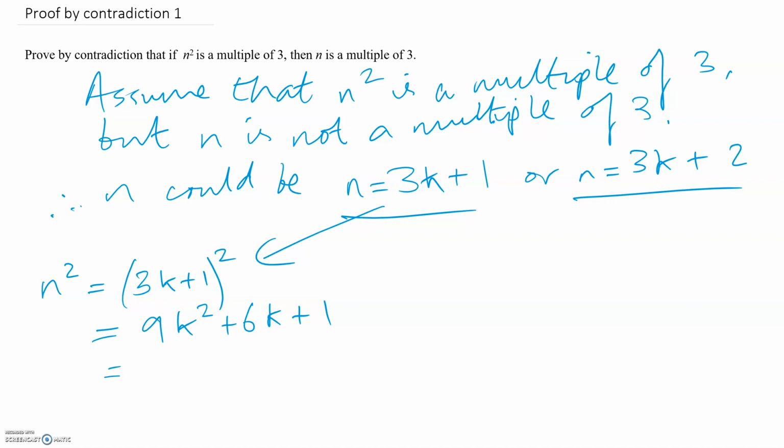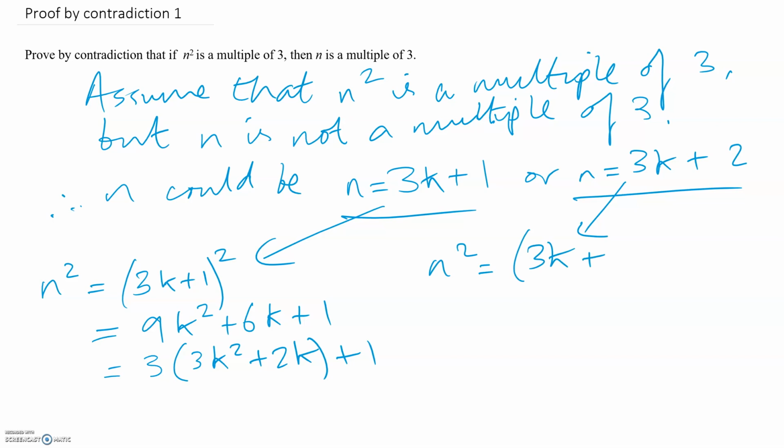And so you'll get 3 times (3k squared plus 2k) plus 1. If we were to do the same for this one, then n squared would equal (3k plus 2) squared, so that would be 9k squared plus 12k plus 4.